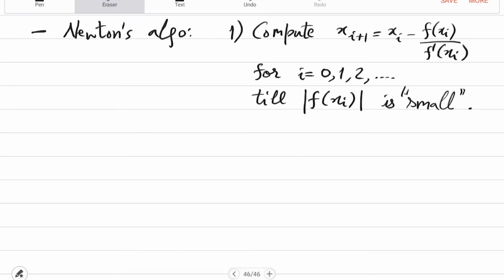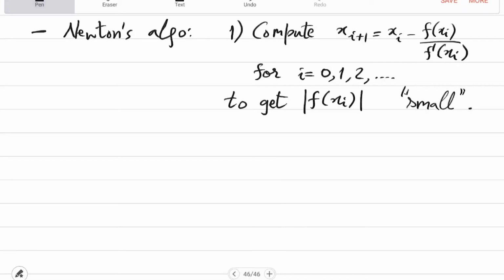So you keep computing these xi's till you make f(xi) as small as you want.